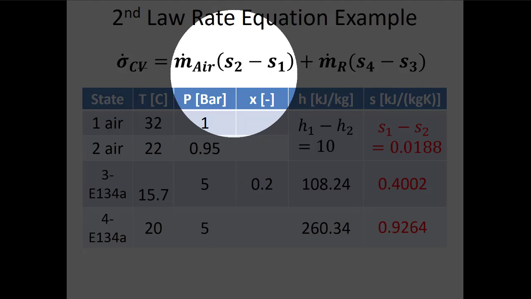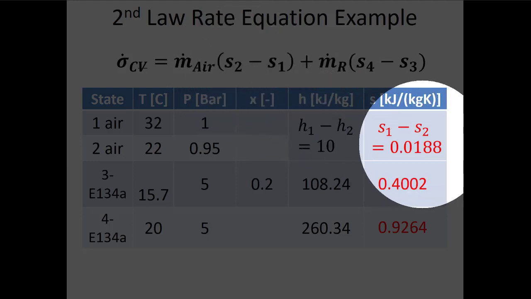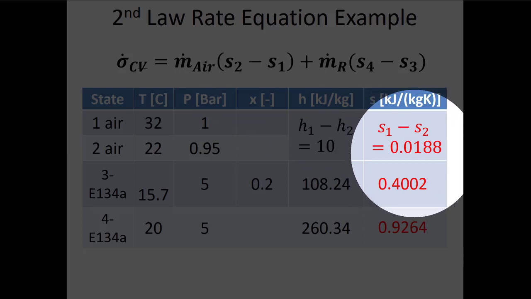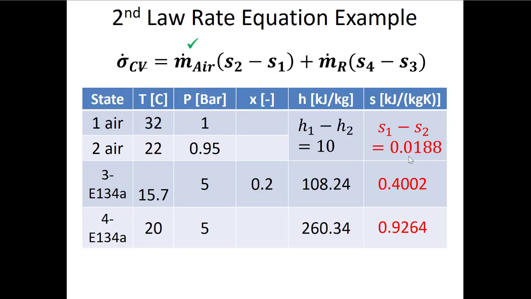I do have to notice here that in this equation, this is s2 minus s1. And what I've calculated down here is s1 minus s2. So I'm probably going to have to multiply this by -1 at some point. But I know m dot air. Now I don't know either s2 or s1, but I know the difference between them. I know m dot R, I know s4, and I know s3. So I'm in pretty good shape here.